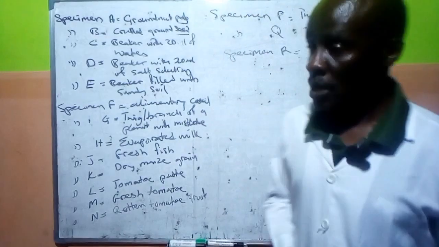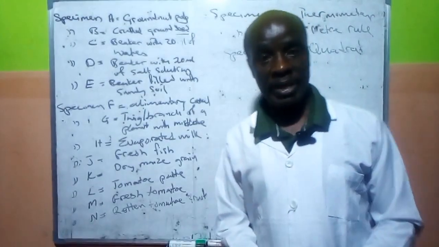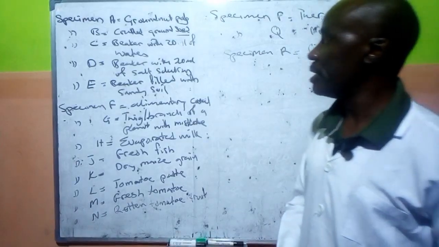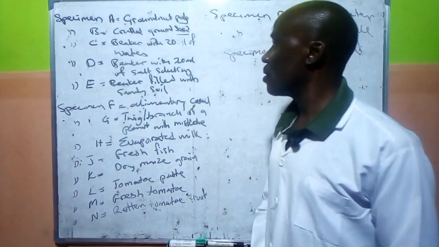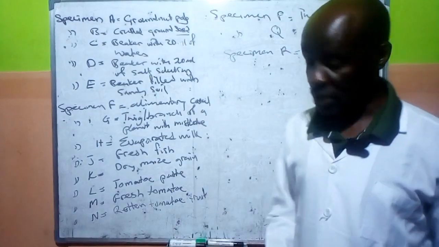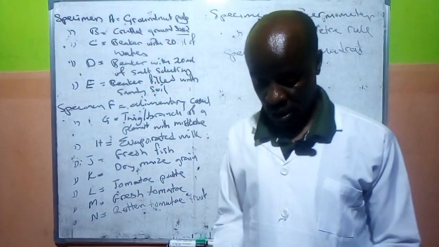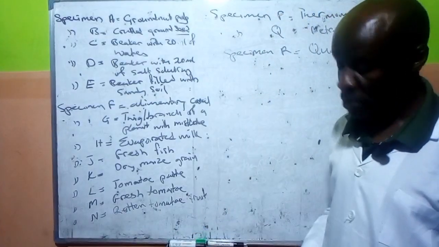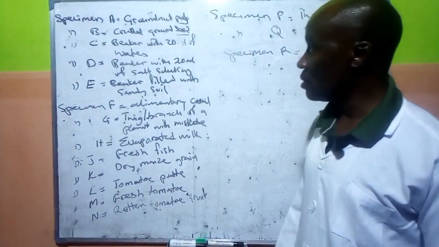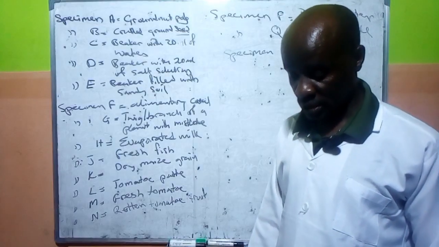So here, in the specimen, the first statement: specimen A is a groundnut pod. Actually, it's a groundnut pod with seeds, that is, a groundnut pod containing seeds. Specimen B is crushed or milled roasted groundnut seed.